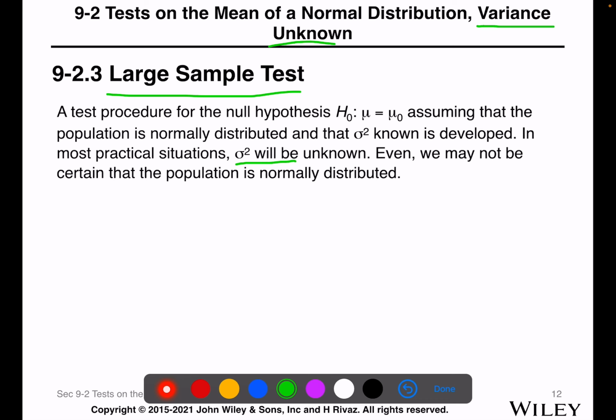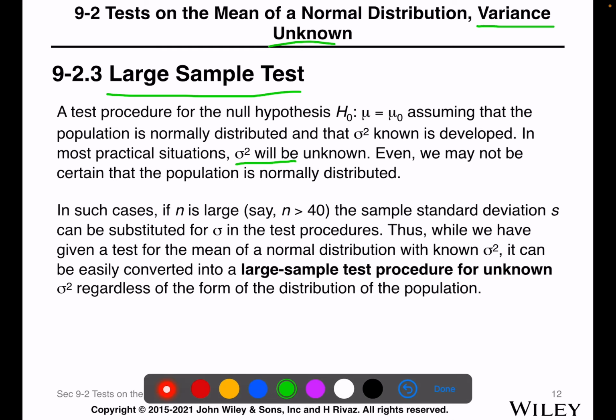We may not even be able to assume that the population is normally distributed. If either of these doesn't hold, that's okay if we have more than 40 samples, because the central limit theorem kicks in, and no matter what your distribution is, when you have more than 40 samples, your mean is going to follow the normal distribution.